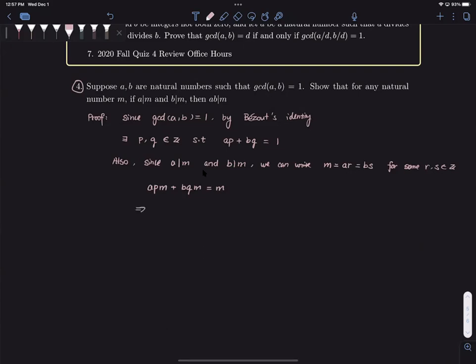So this is going to tell us APBS plus BQAR equals M. So AB times (PS plus QR) equals M. So what does this mean? This means AB divides M.